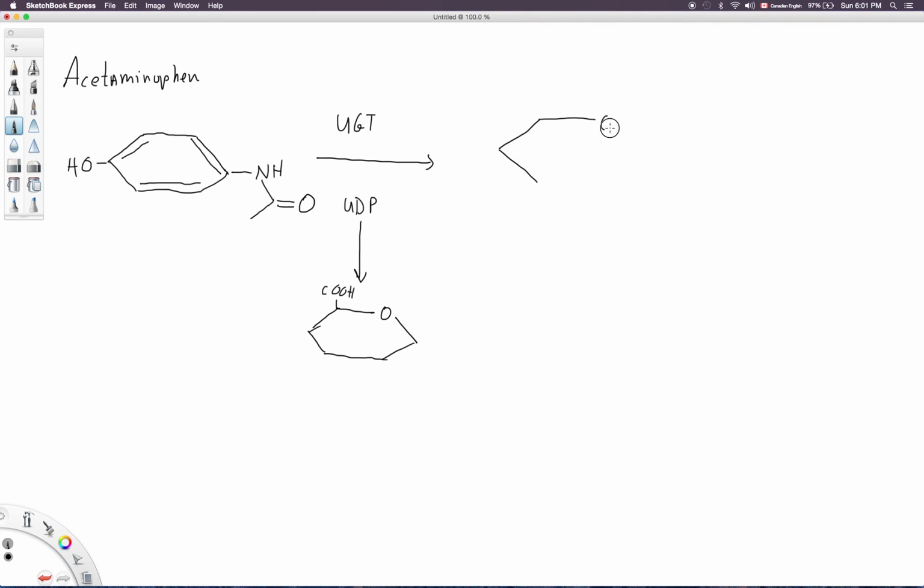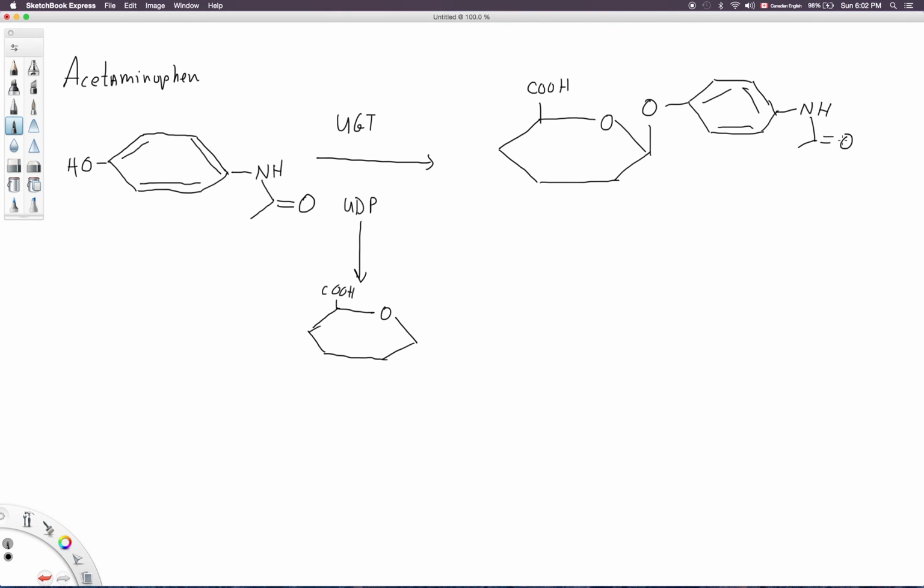That's oxygen, and that is actually going to be attached to the acetaminophen molecule here. And then let me draw my benzene ring. Maybe this is back behind, if you will, so I'm not going to draw it quite as large. We'll put our resonance structure in there, and then our secondary nitrogen.